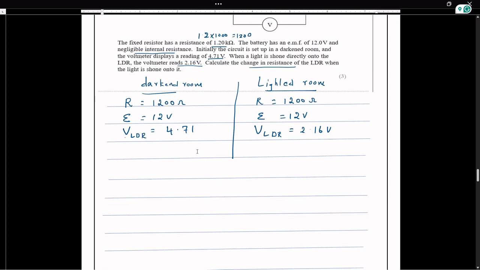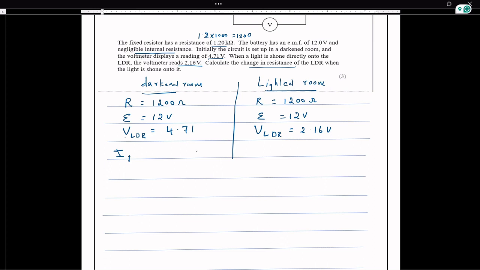the supply voltage, that is EMF, 12 volt. We can calculate the current flowing through the circuit when it is in the darkened room.